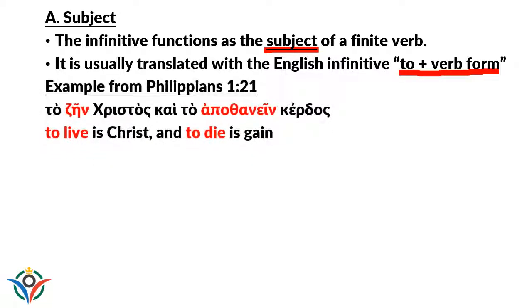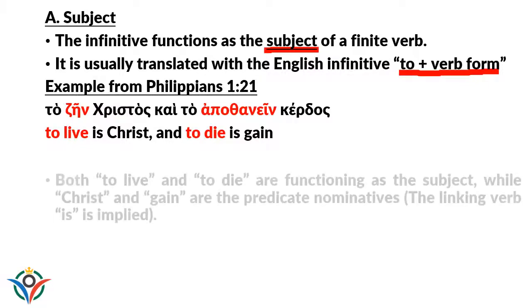So here's an example from Philippians 1 verse 21. The Greek reads, to zein Christos kai to apothanein kerdos. To live is Christ and to die is gain.